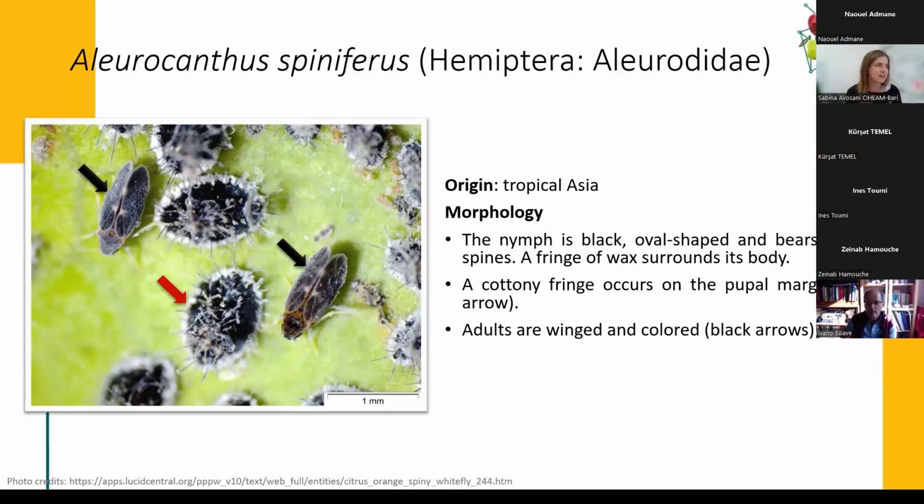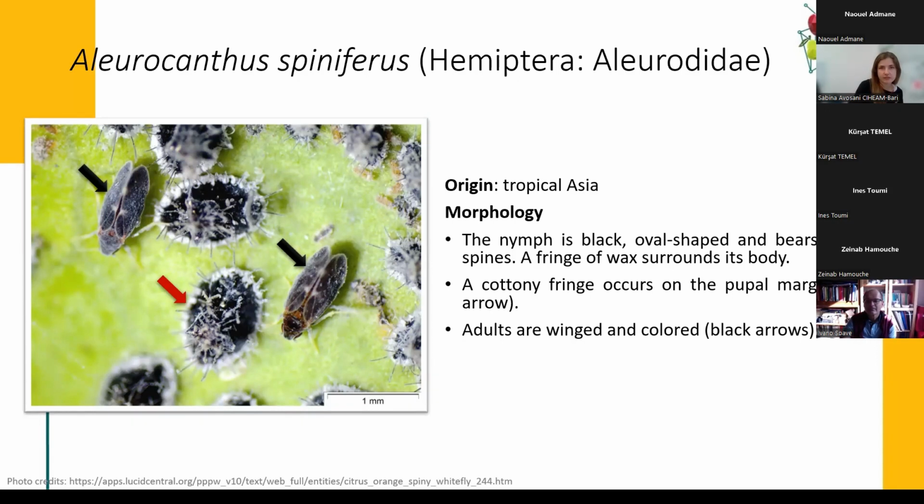The adults are the ones indicated by the black arrows, while the nymph is the black oval shape indicated by the red arrow. It is very distinctive because it has these heavy spines coming out from the body and whitish wax around. In the case of pupae, the fringe is even larger than in the other nymphs.